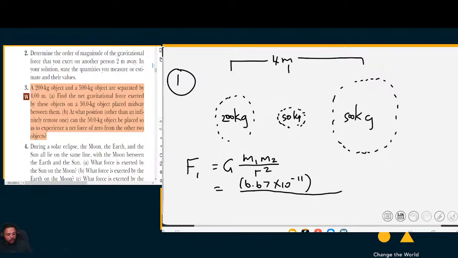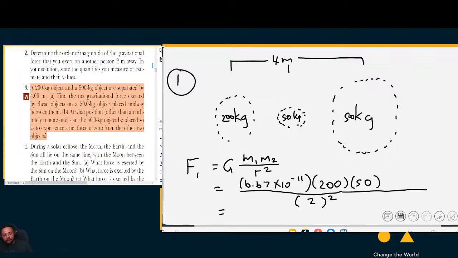Now, I usually don't add in the units during the calculations because I run out of space. So it's 200 of the first mass multiplied by 50 of the second mass, and then the distance between them is just 2 meters. And we square that. Don't ever forget to square.